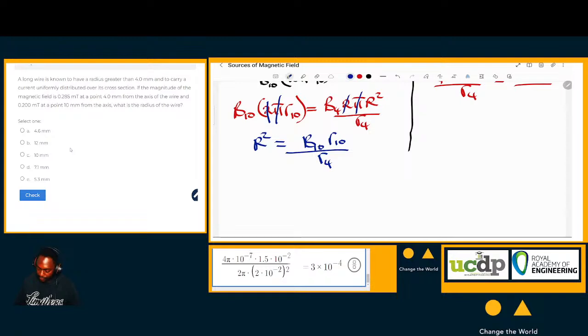Okay, and r will be obviously a square root of B of 10, which is 0.2 times 10 to the negative 3, times the radius r of 10, which is 10 millimeters, 10 times 10 to the negative 3, times.